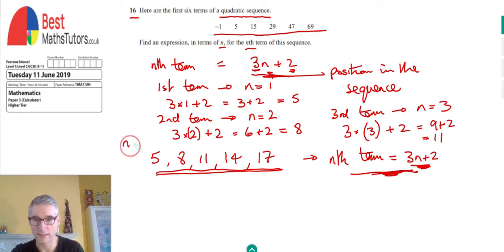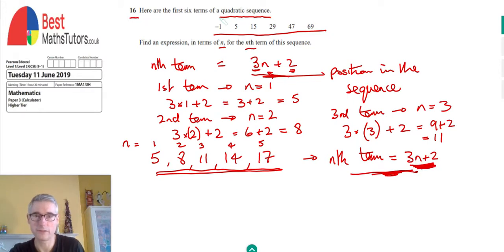Like n in each case, n is 1 for the 5, n is 2 for the 8, n is 3 for the 11, n is 4 for the 14. So n just stands for the position in the sequence. Okay, so we've got our sequence here, and we have to come up with some formula like this for it.